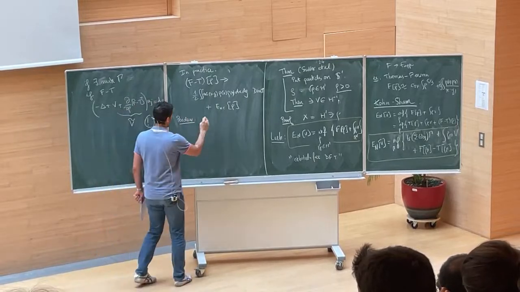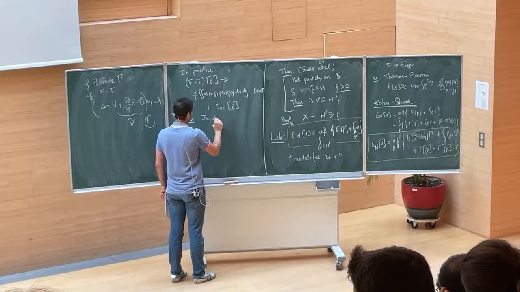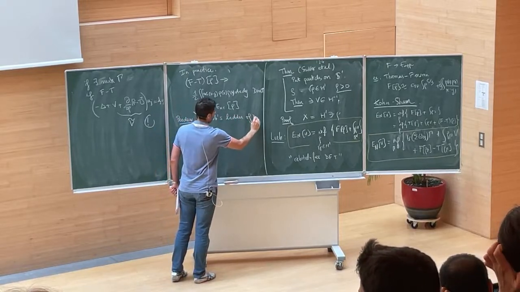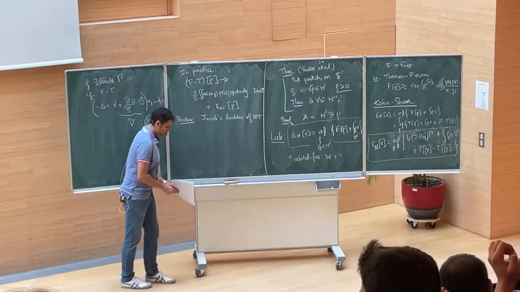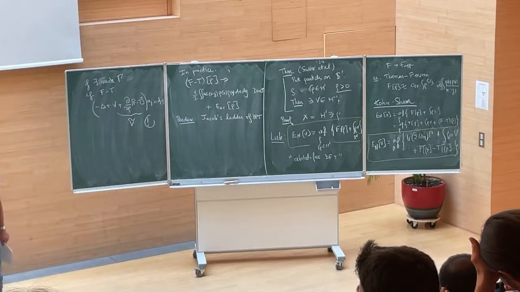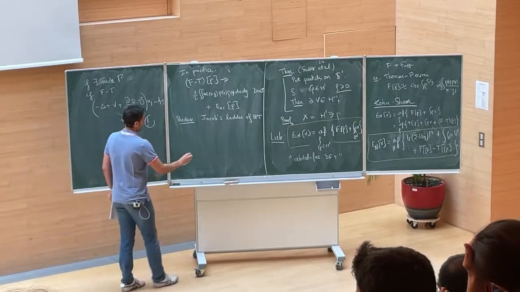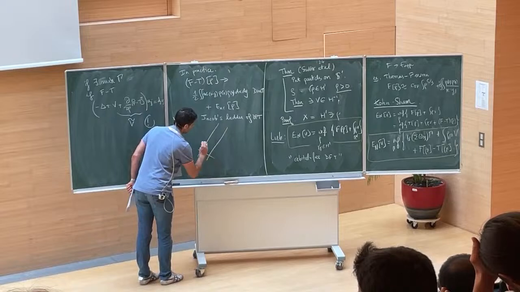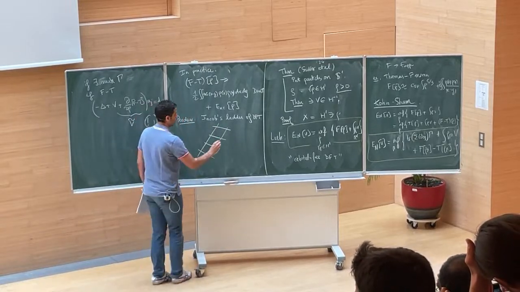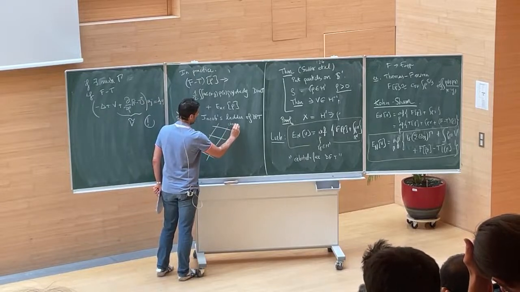invented what he called the Jacob's ladder of DFT. If you type this on Google, you will find lots of drawings of this ladder. Okay? It's a ladder which goes to heaven, and heaven is chemical accuracy.